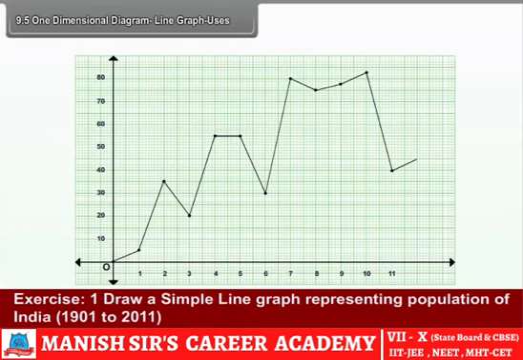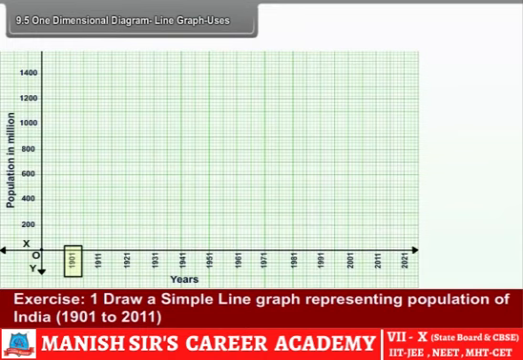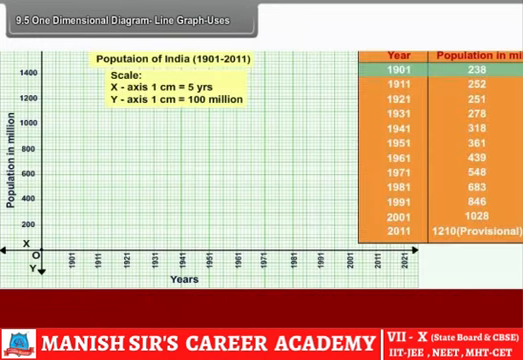Exercise 1. Draw a simple line graph representing population of India 1901 to 2011. Year, population in millions.